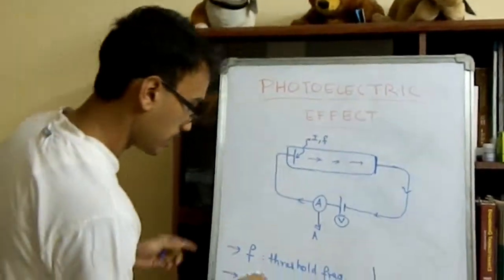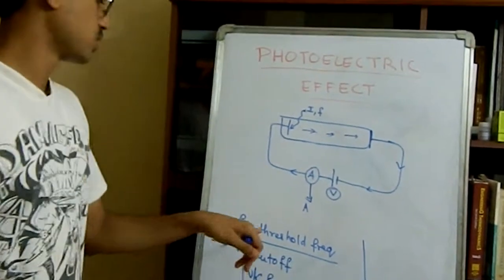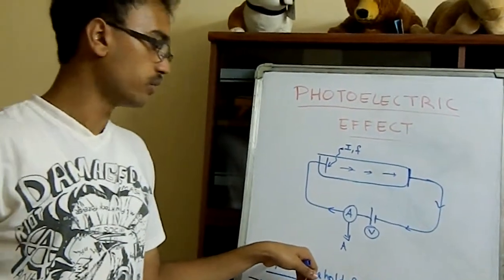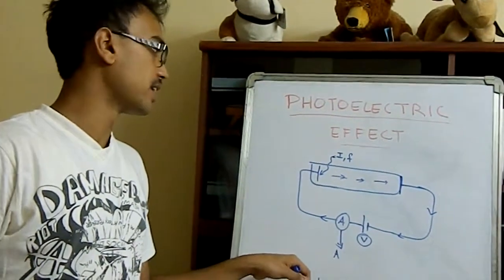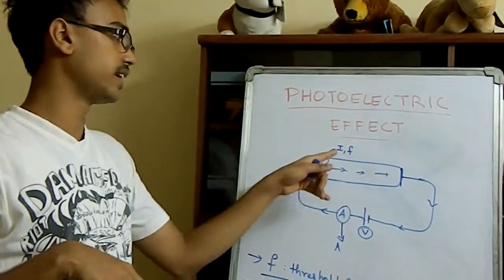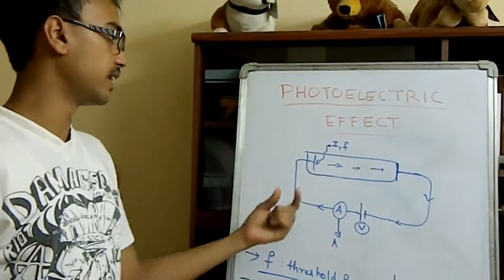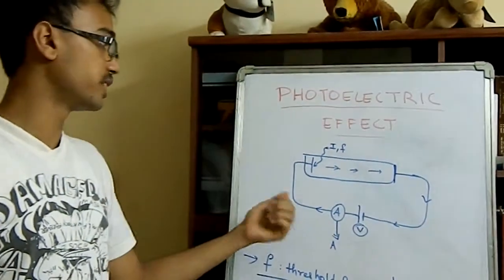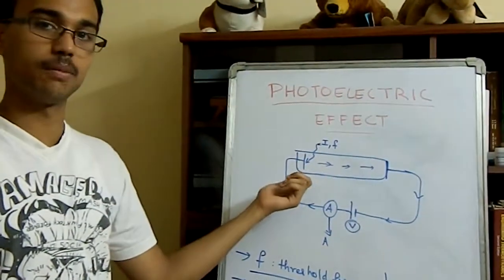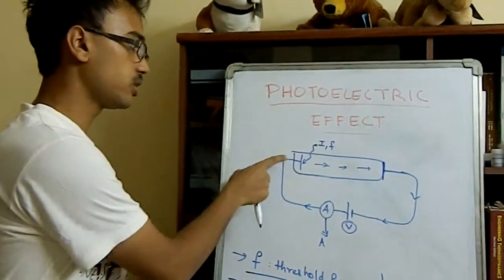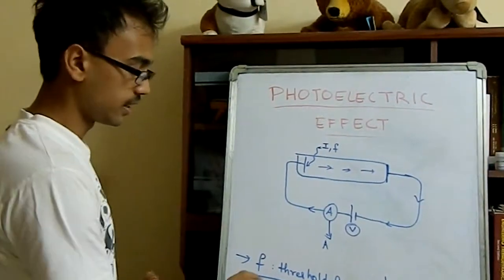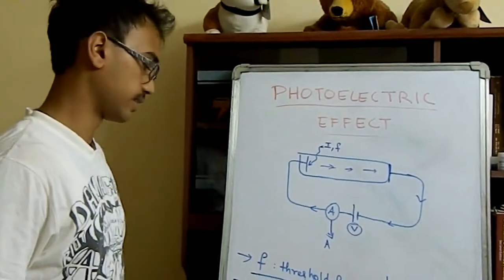So irrespective of what frequency you apply, if you have the radiation for sufficient time, the energy absorbed should be sufficient to release the electron from the metal plate. So according to the continuous radiation theory, there should exist no threshold frequency.